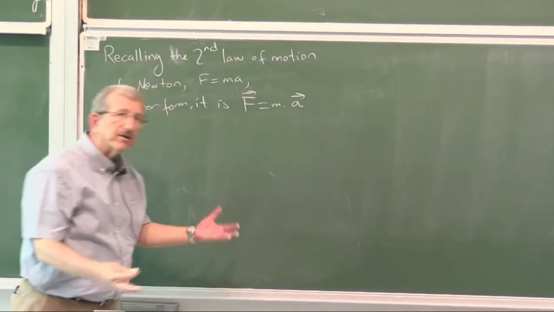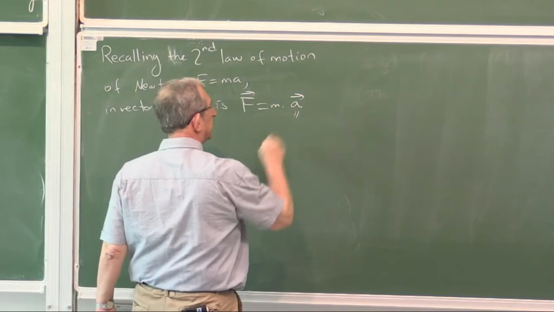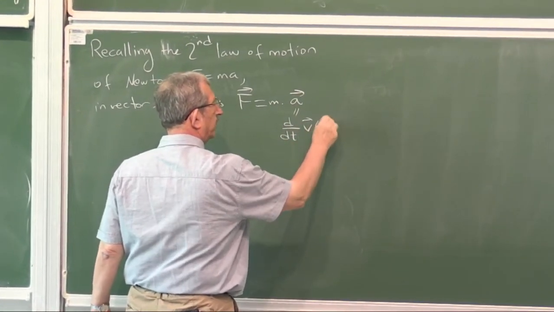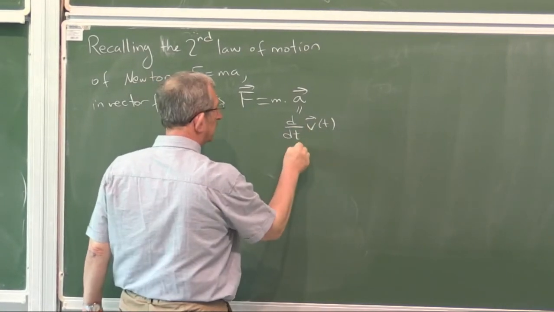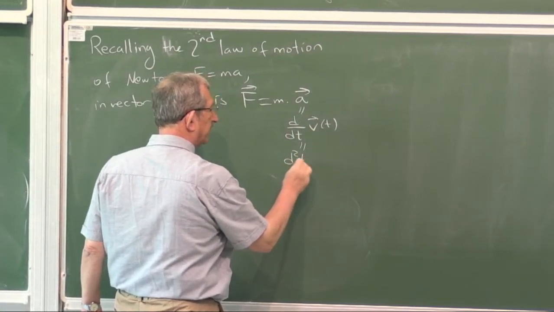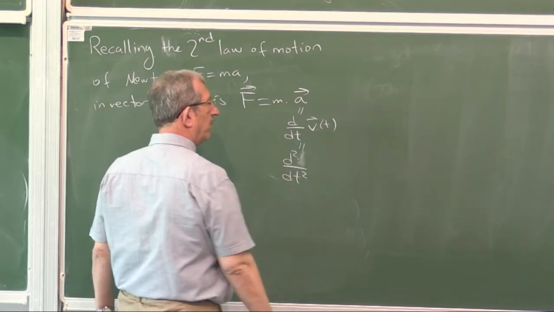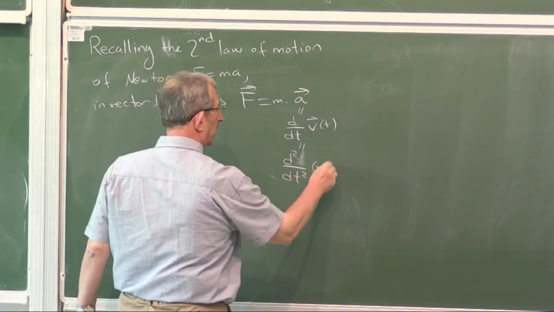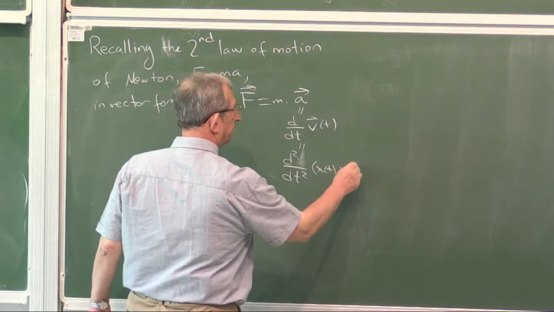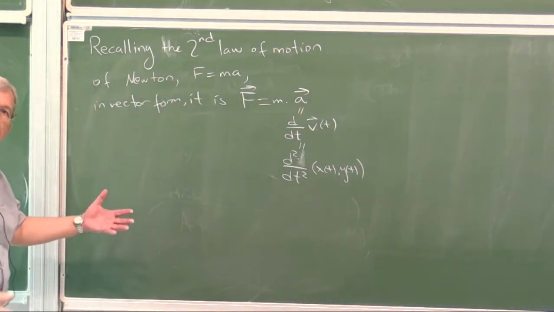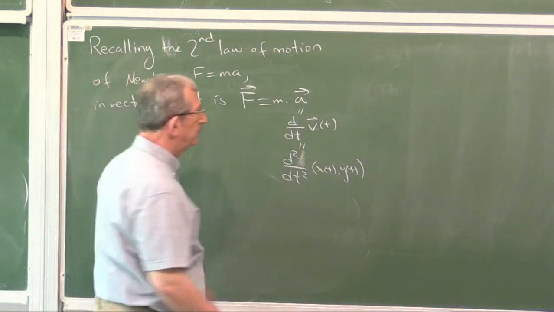Well, what is the vector a? As we considered it, it's the derivative of velocity, or if you want, it's the second derivative of x of t, y of t, which is distance from 0 to the point.